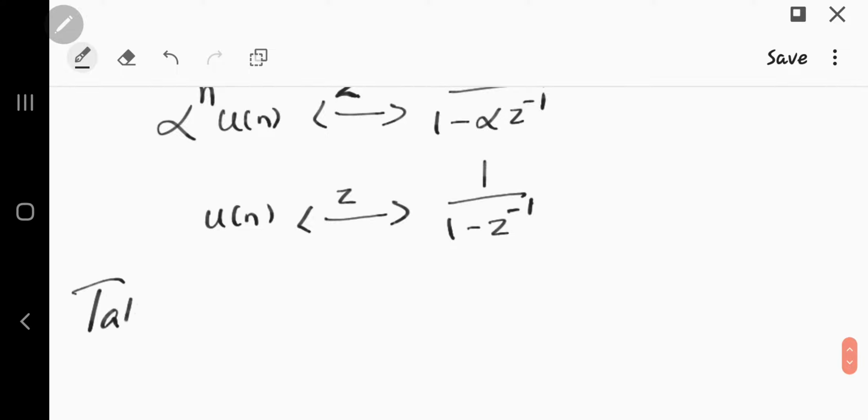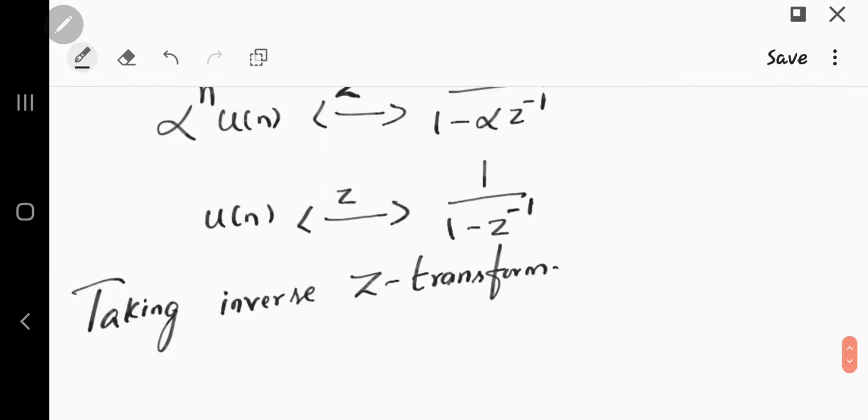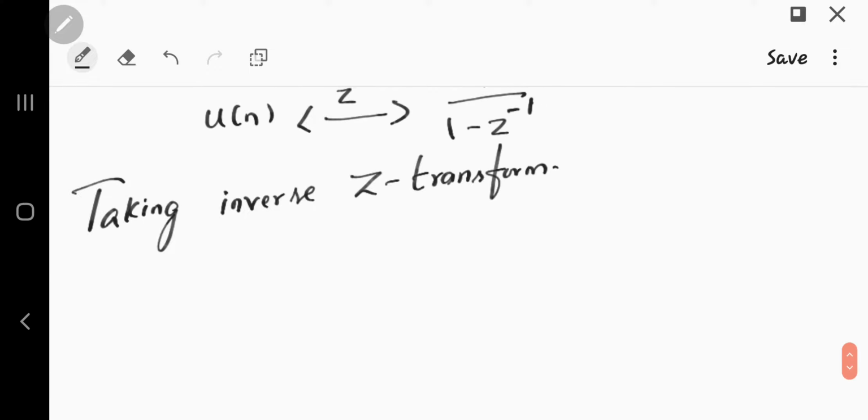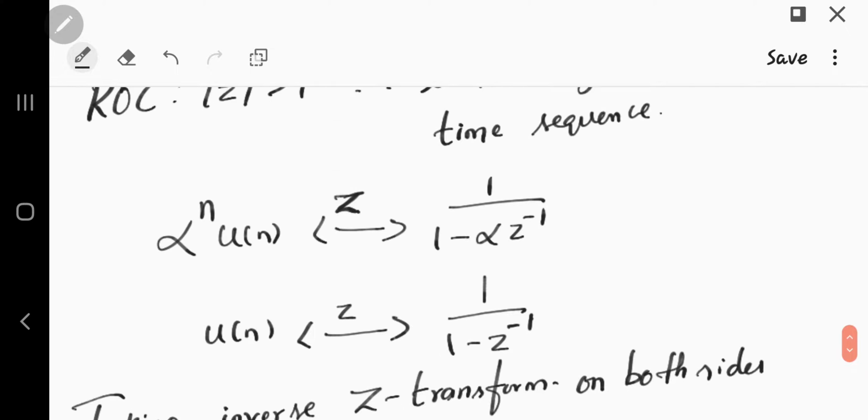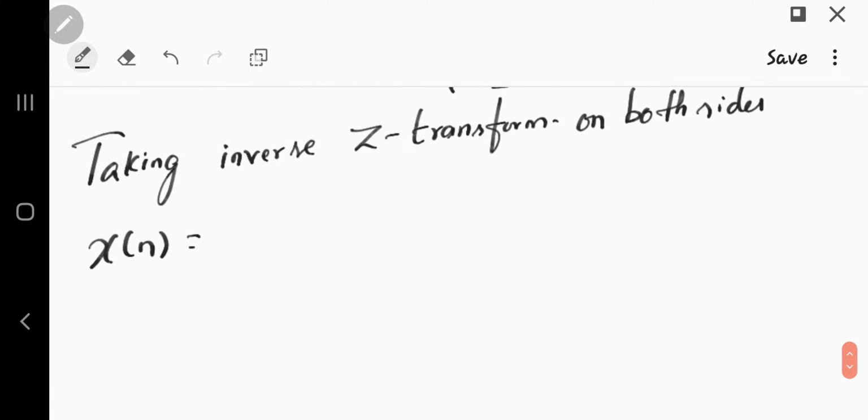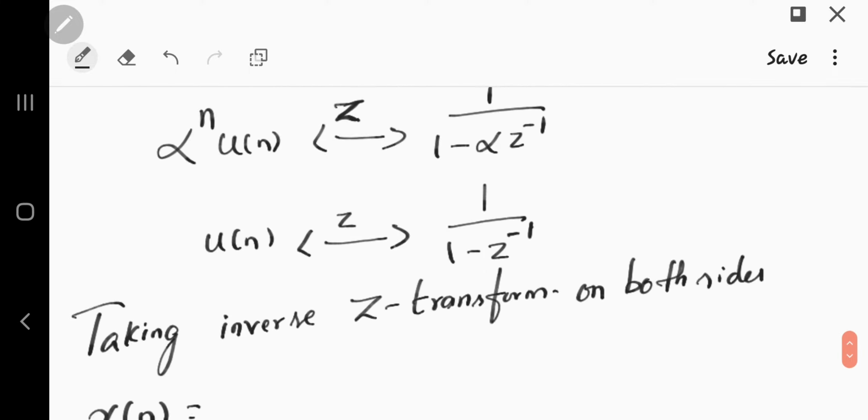So taking inverse Z transform on both sides, X of z will become x of n, and we have minus 9.